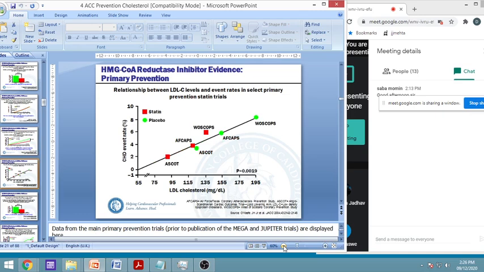Then various studies show what the LDL cholesterol should be and what is the best. So this is the relationship between LDL-C level and event rates in selected primary prevention trials.